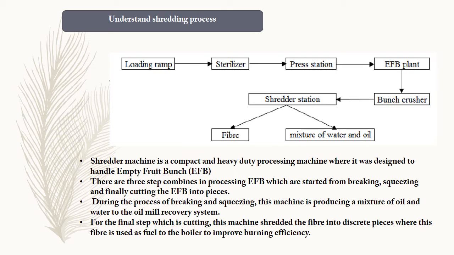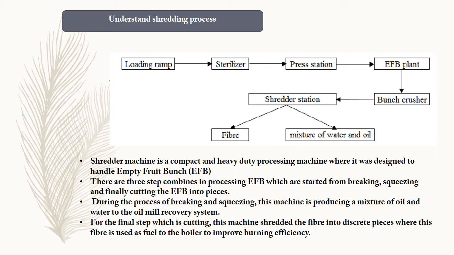During the process of breaking and squeezing, this machine produces a mixture of oil and water for the oil mill recovery system. For the final step, which is cutting, this machine shreds the fiber into discrete pieces, where this fiber is used as fuel for the boiler to improve burning efficiency.